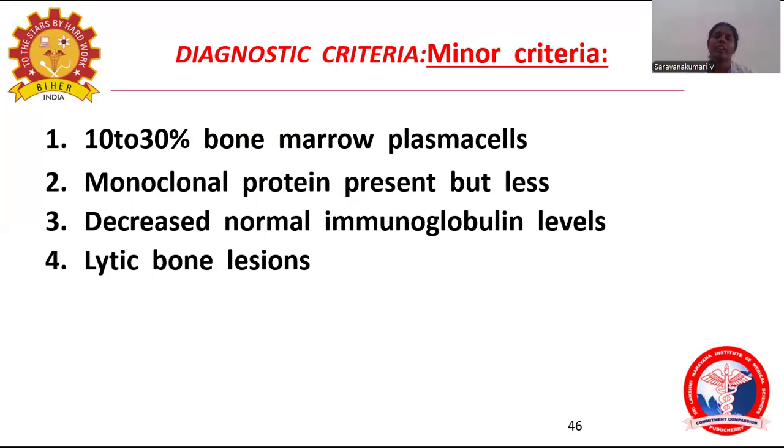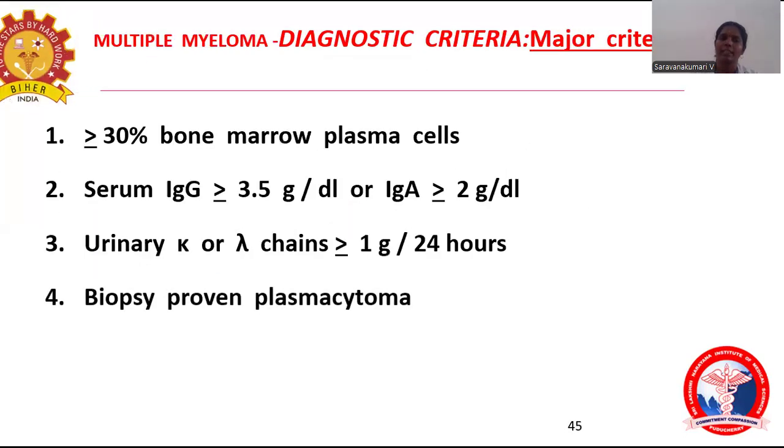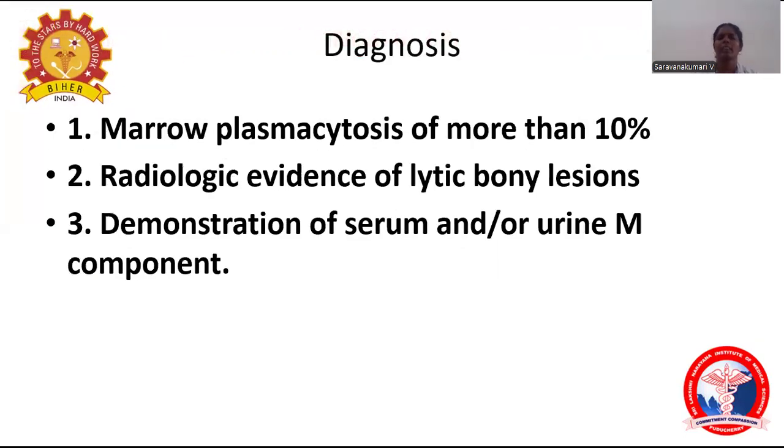So our take-home message: it is a plasma cell neoplasm, a neoplastic plasma cell proliferation, and it produces lytic lesions in the bone and renal dysfunction, with compromised humoral immunity.